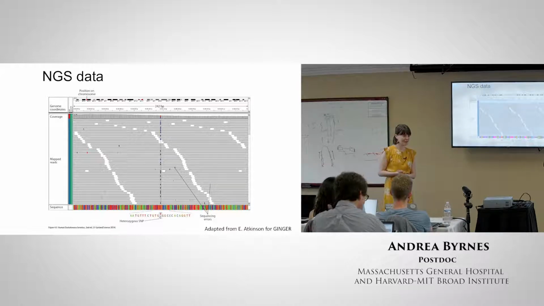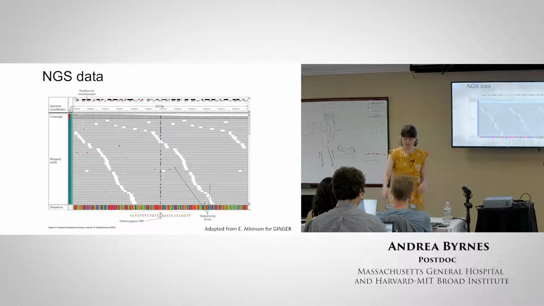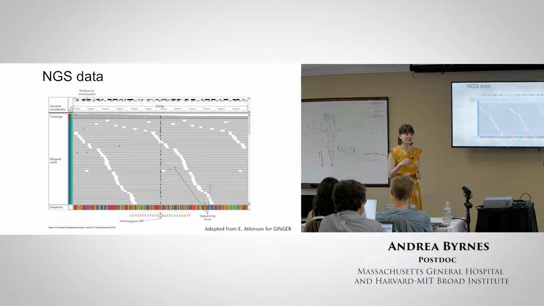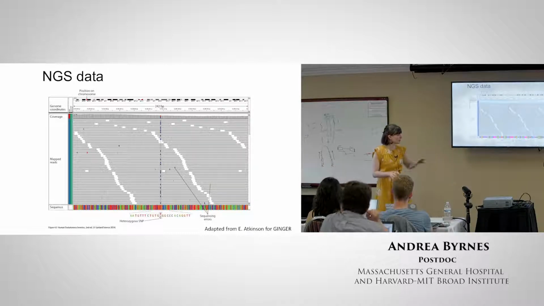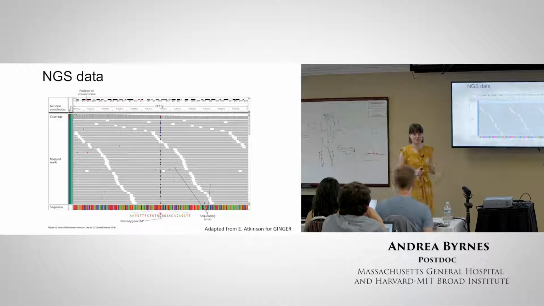It is still a moving target. I think we're on build 38 now. So if you're using a piece of technology and it asks what the build of the genome is, that's important for getting the specific address of your SNP or the specific address of your gene to match up with the current reference. The sequence is not changing, but the way we annotate it is.